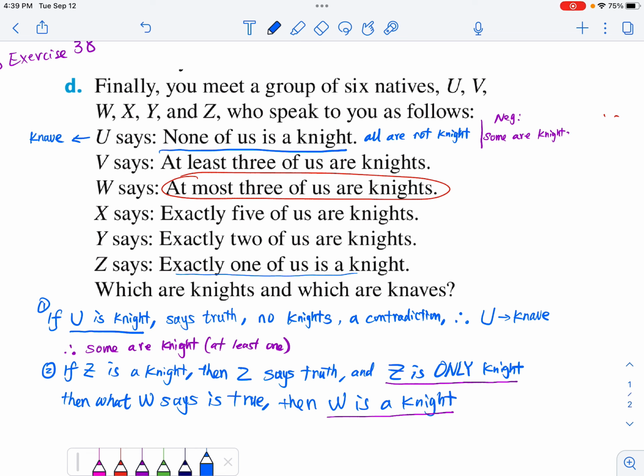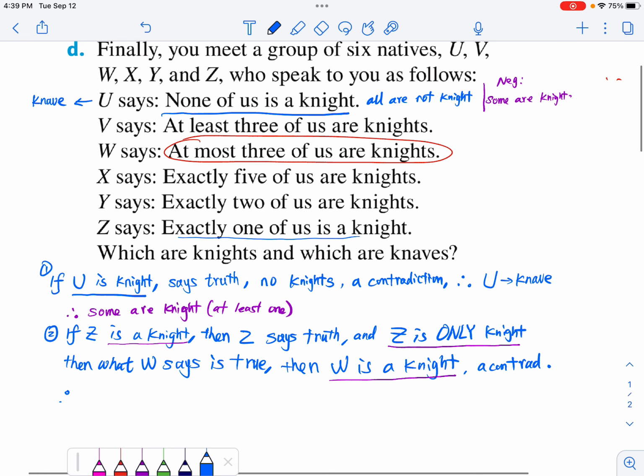So therefore, a contradiction. That means what you assumed is false. Z cannot be a knight. Therefore, Z is a knave.